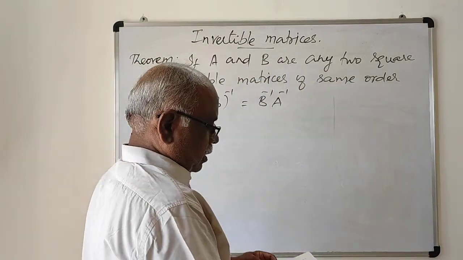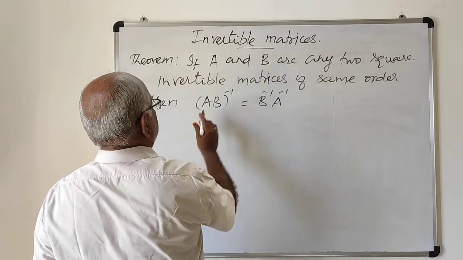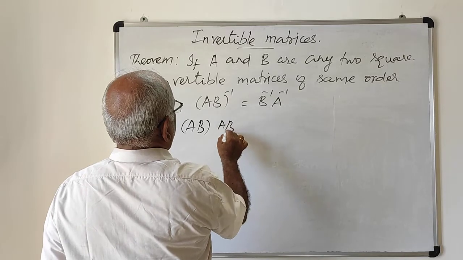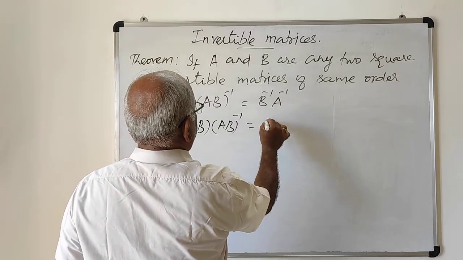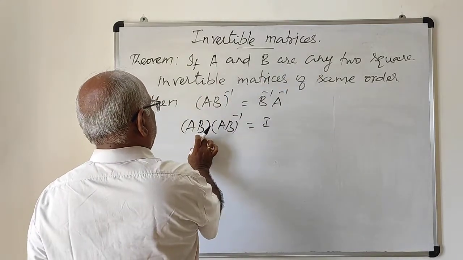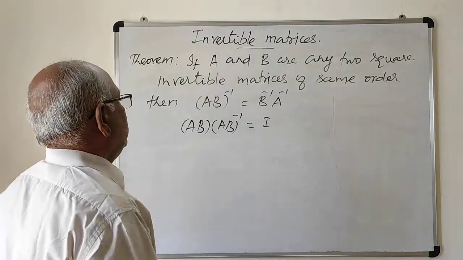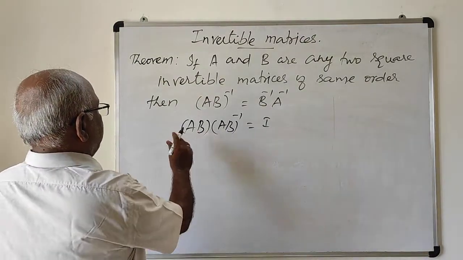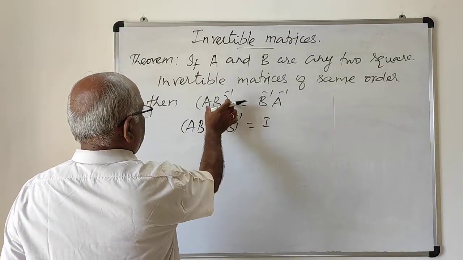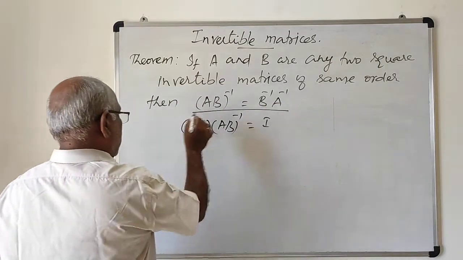Since A and B are invertible, AB is invertible, and AB into (AB) inverse equals I by definition. Now we have to prove that (AB) inverse equals B inverse A inverse.